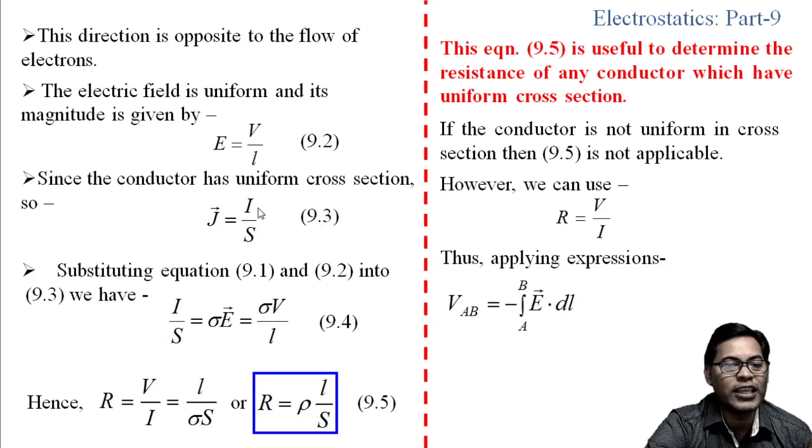So here J is equal to I by S and J equals sigma E, and E can be replaced by V by L, so sigma V by L.